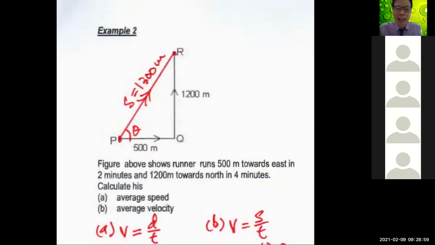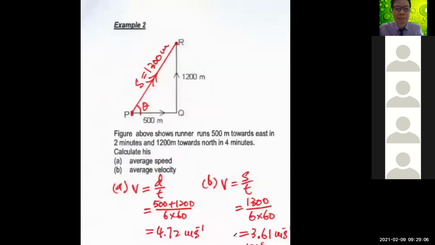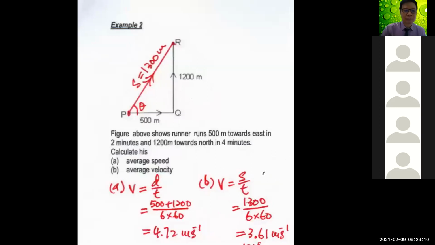Direction. What about direction? Okay, now I show you. Direction only I want to show you first. So speed is 4.72. Velocity 3.61. Then direction. Anyone give direction?